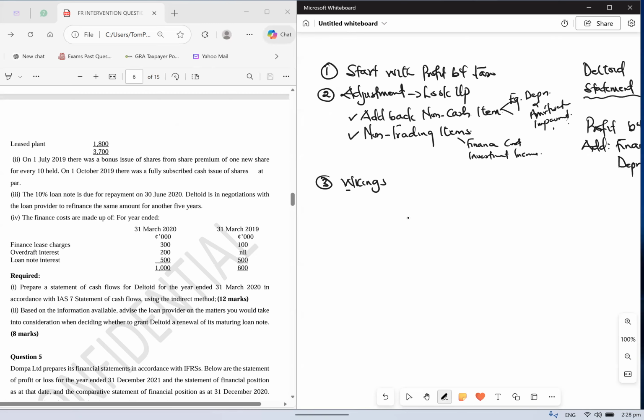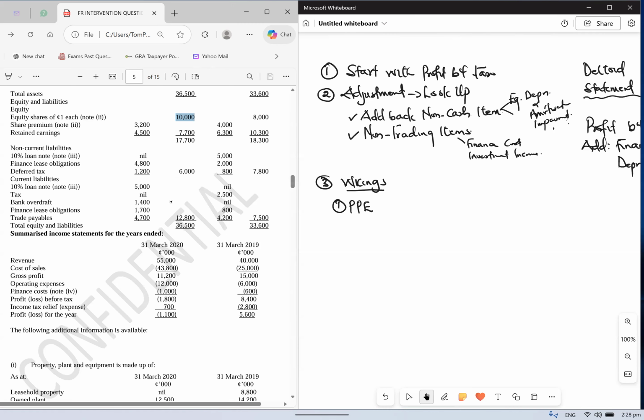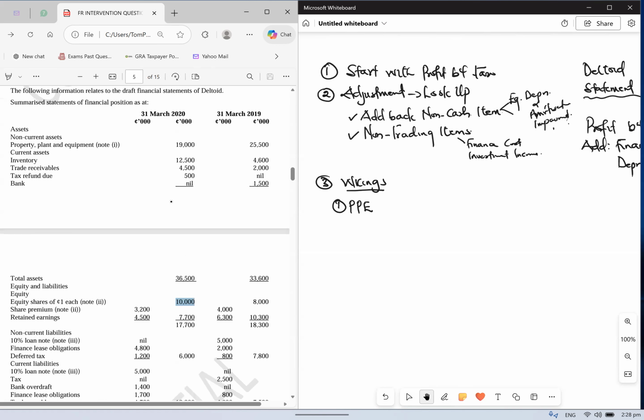There are 4 workings I will encourage you to do. One is on your PPE. Listen, in cash flow, every item you see in the balance sheet, you are going to do a workings for that. So this one, this one, this one, all the items one by one, you are going to do workings on them.